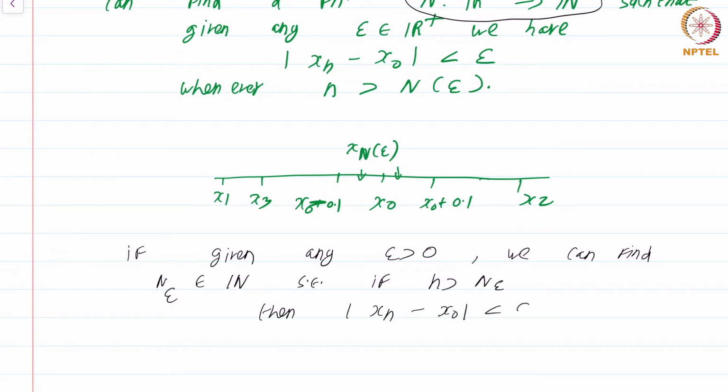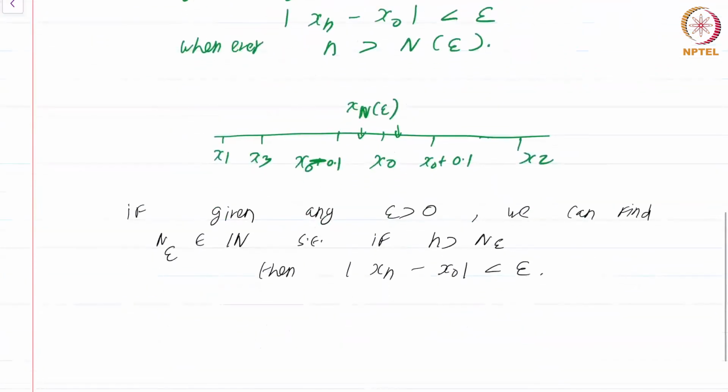The standard textbook definition of convergence and the definition we have given in terms of this function N from R plus to natural numbers is exactly the same.